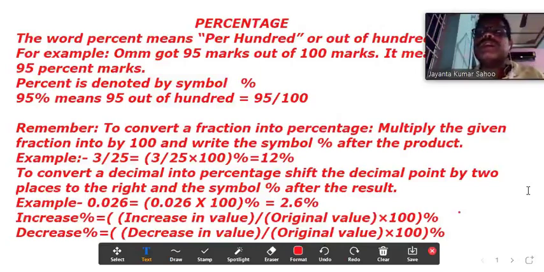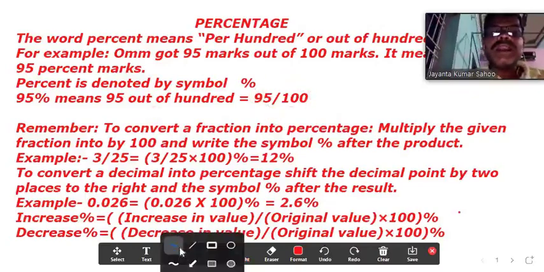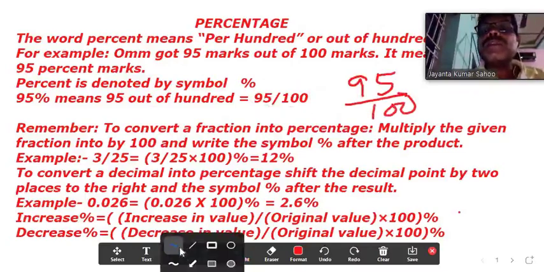Here percent can be denoted by the percentage symbol, and 95% means 95 out of 100, and in fraction it can be written as 95 by 100.